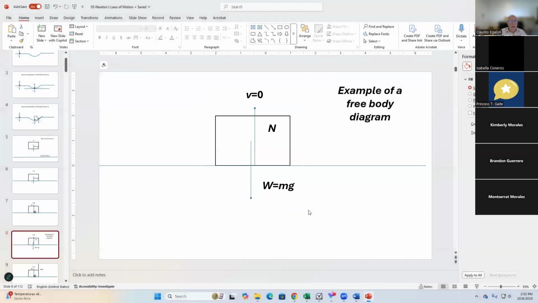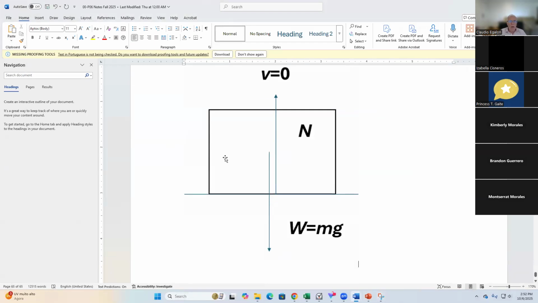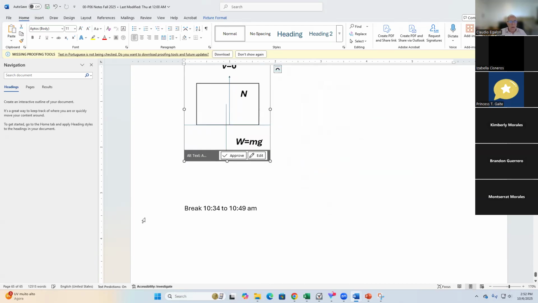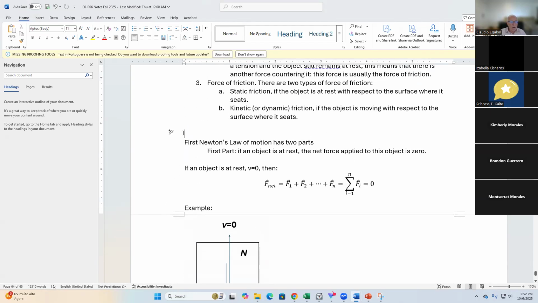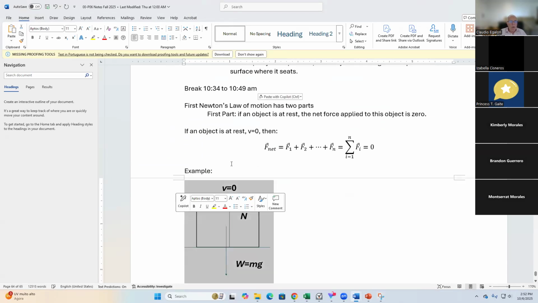Don't forget the objects at rest. Example.